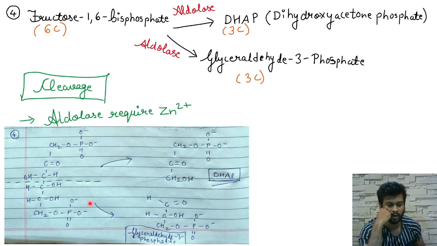And the lower half, if you write down the same, it will be glyceraldehyde 3-phosphate. Glyceraldehyde means there will be an aldehyde group for sure, which is present at the first position or first carbon. And 3-phosphate means the phosphate group will be present at the third carbon position. So here you can observe the phosphate group at the third carbon position. So you can make these structures very easily.